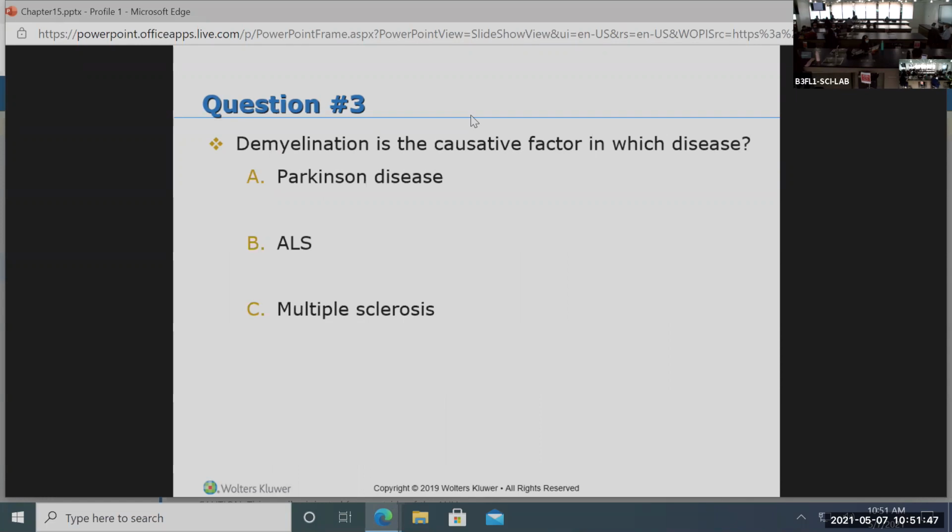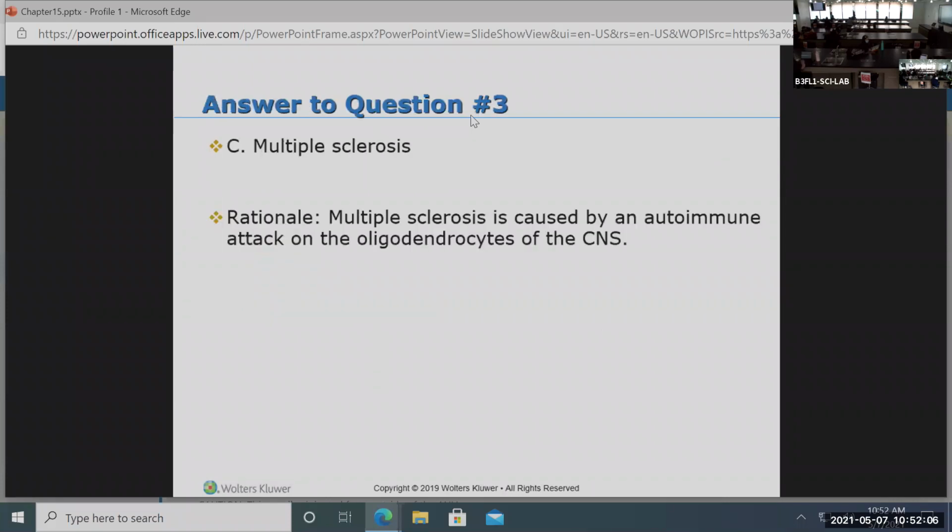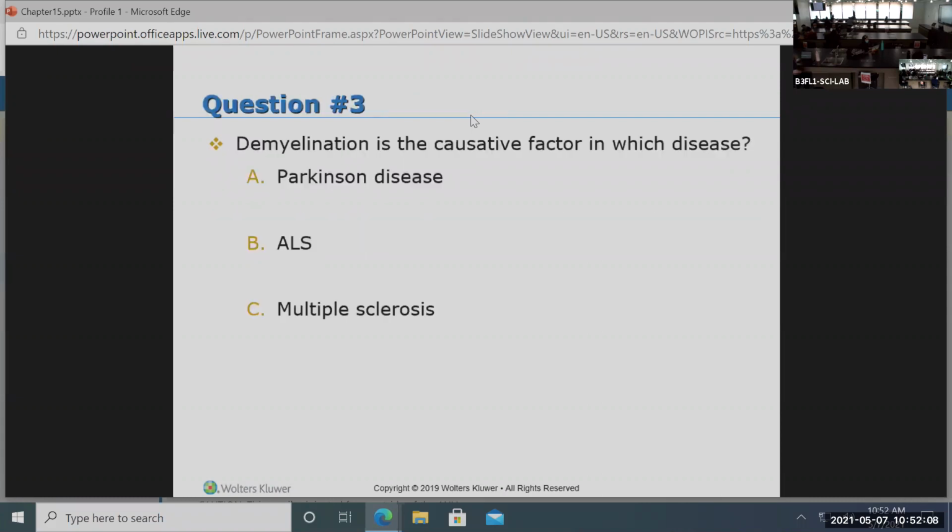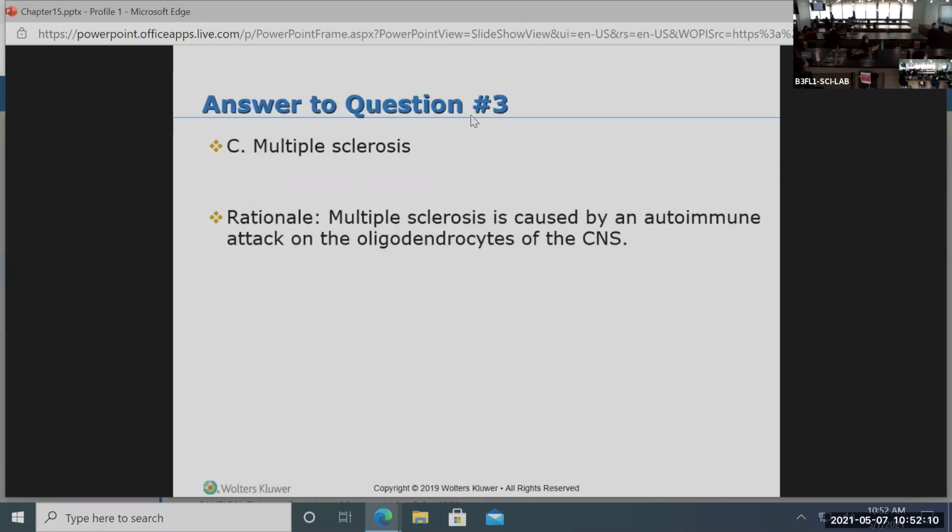Those oligodendrocytes are destroyed, and as a result, I'm having those symptoms of MS. Demyelination is the causative factor in which disease? Demyelination, we already said. And that is my oligodendrocyte. I'm going to blame oligodendrocytes.